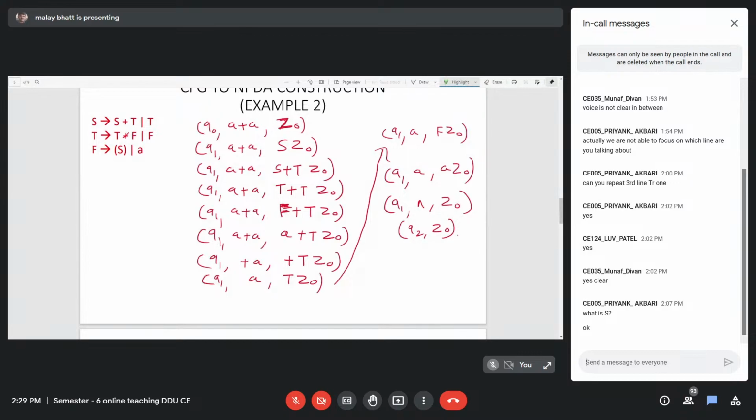We have two branches, T into F, and F. We'll show the correct path, replacing T with F. So we have Q1, A, F Z0. Again for F, we'll select the correct path, Q1, A and A Z0. Now this A and A will cancel out using the pop rule. So it is Q1, null, Z0. We are getting Q2, Z0.